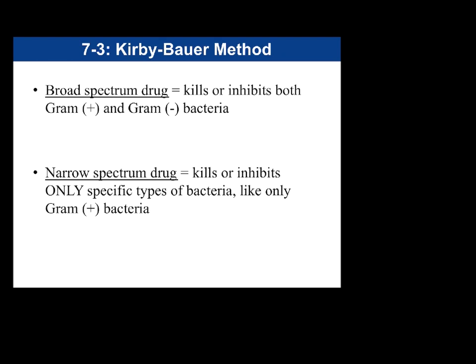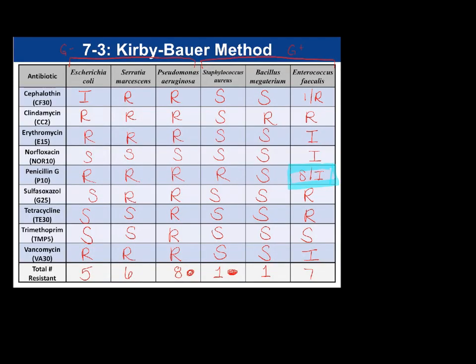So when we're looking back at our results at the difference between broad spectrum and narrow spectrum, we really need to take a look at our table and say, where did we see across in the rows, not the columns, but the rows, a drug that was targeting both gram-positives and gram-negatives, and across the board we see relative sensitivity.